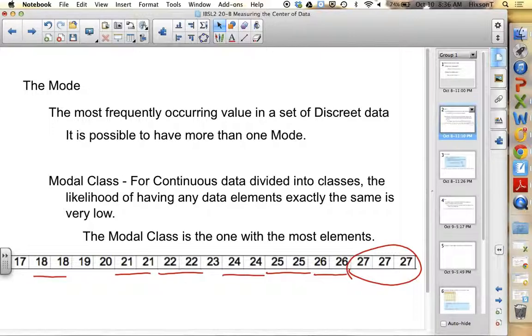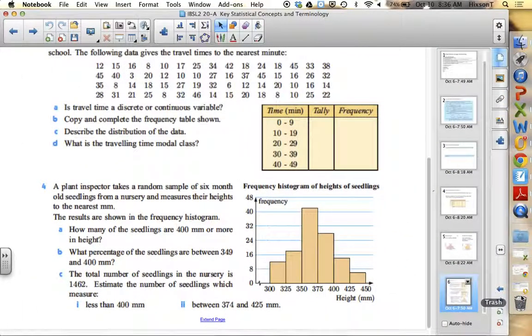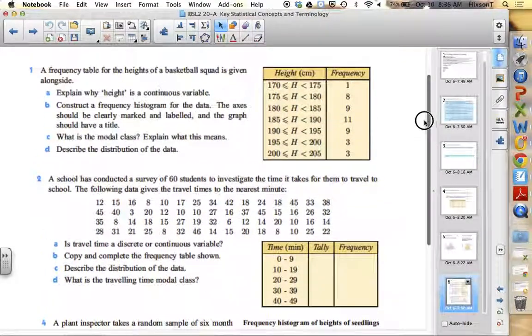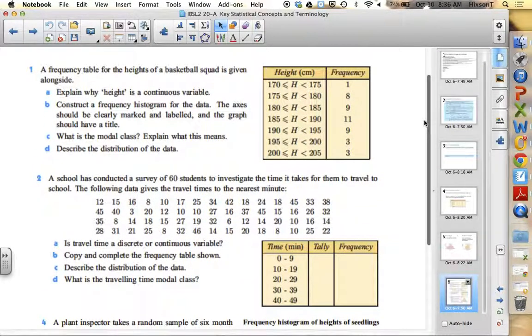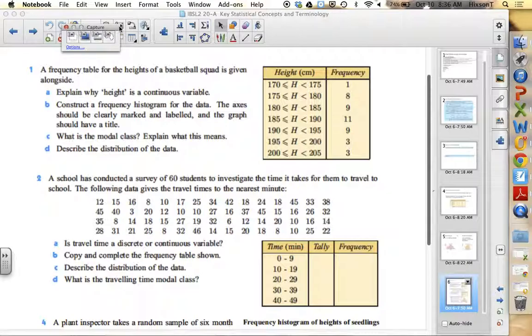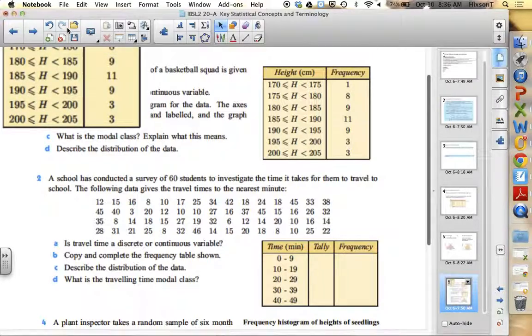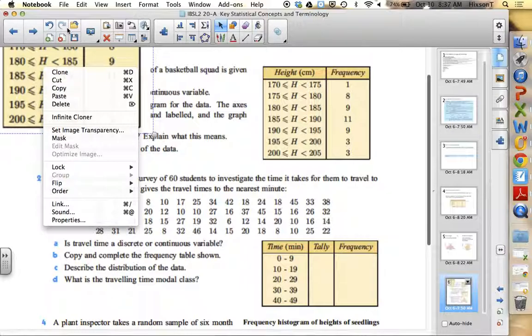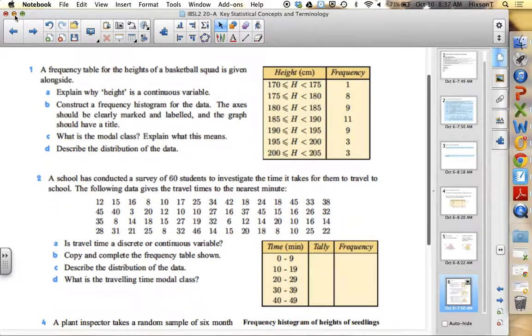For continuous data, you're going to divide it into classes like we saw on the homework. You know, we have it divided into classes there, or here with our heights, we have it divided into classes, and for that, you can look at the modal class, M-O-D-A-L, modal class. Let me just take a snapshot of that. Okay. Cut that and put it over in here.